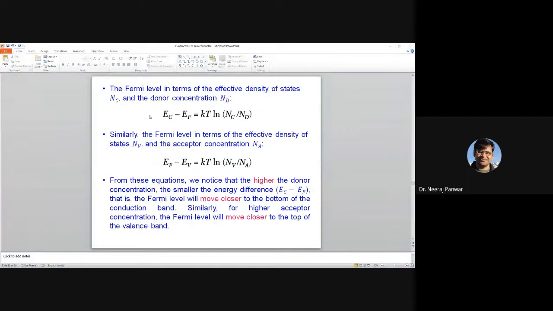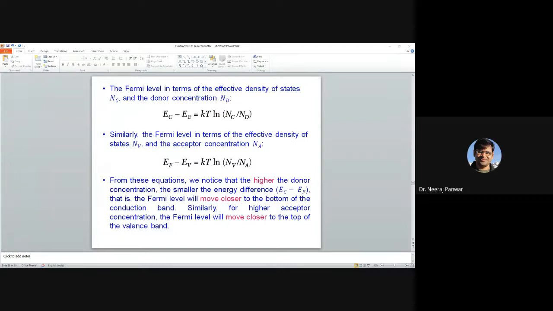Now, I told you that for N-type semiconductor, the Fermi level is in between the bottom of conduction band and the donor levels. So the difference between the conduction band and the Fermi level, we can write EFn here to denote that it is the Fermi level for N-type semiconductor.